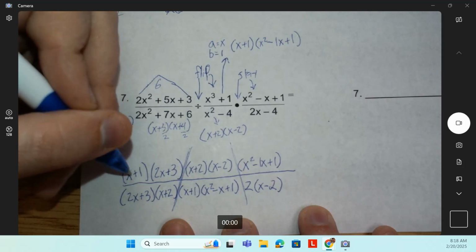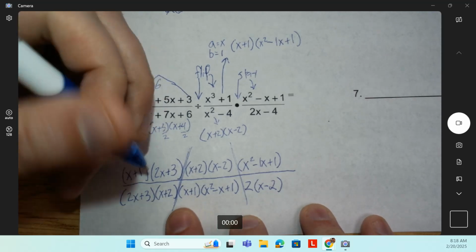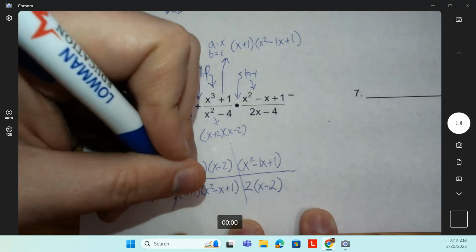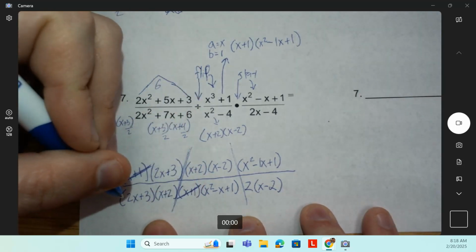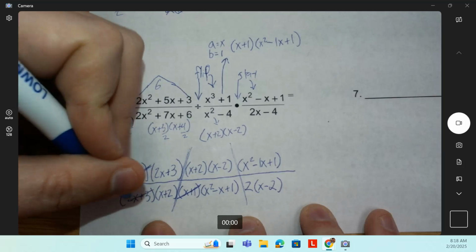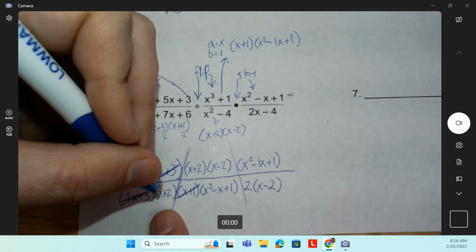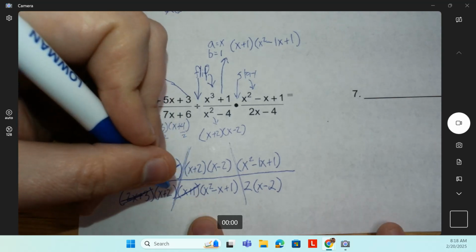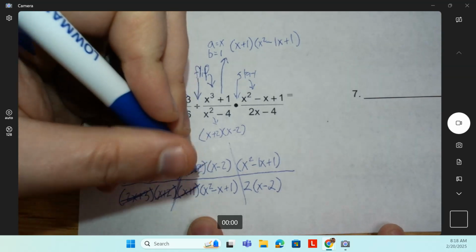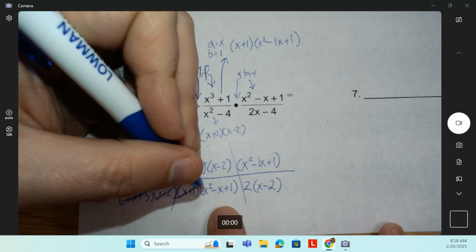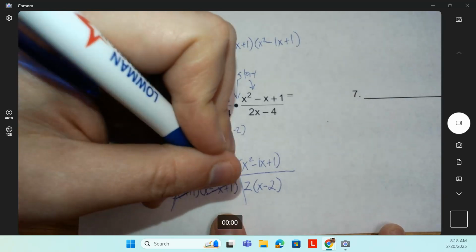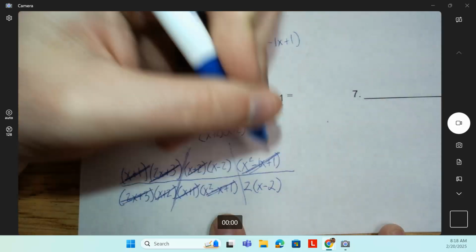So I see I've got an x plus 1 here and an x plus 1 there. Those will cancel out. 2x plus 3 down here, 2x plus 3 up here. And I've got an x plus 2, x plus 2. Those cancel out. X squared minus x plus 1 down here, got 1 up here.